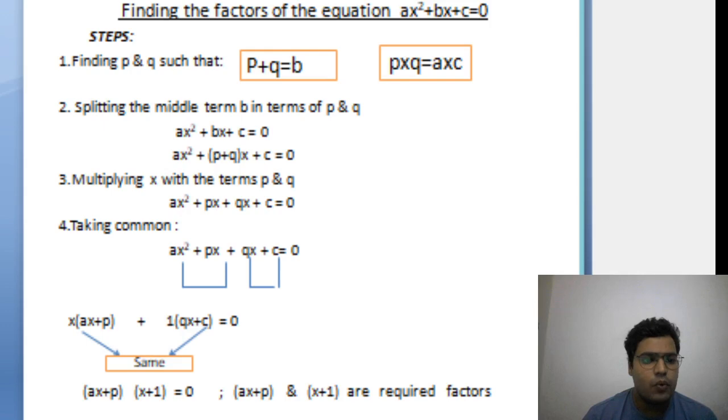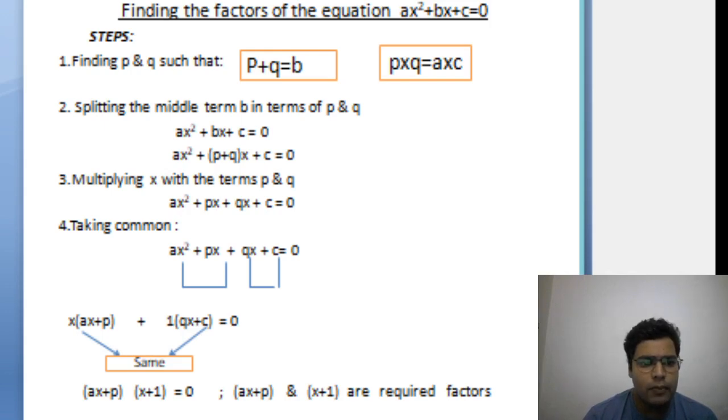In the fourth step, we will take the common terms. Now we are left with four terms in the given equation: ax square plus px plus qx plus c equals 0. The first two terms are ax square plus px, and the last two terms are qx and c.